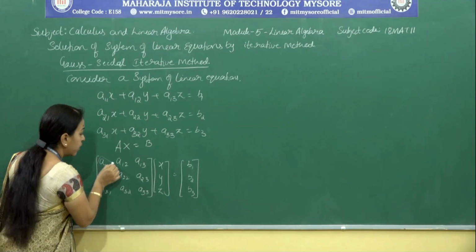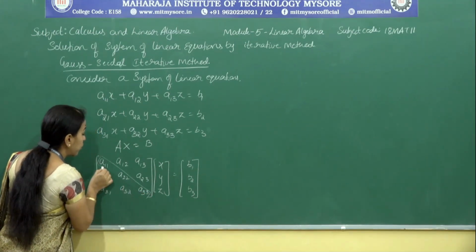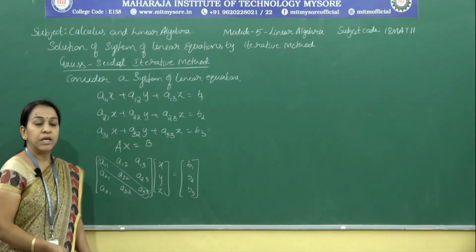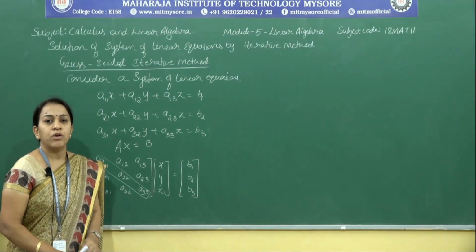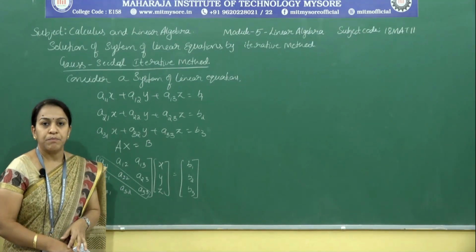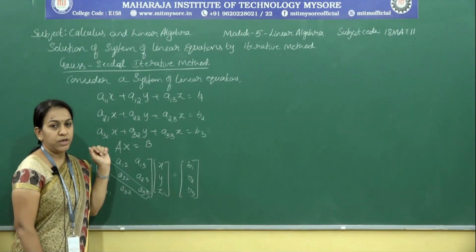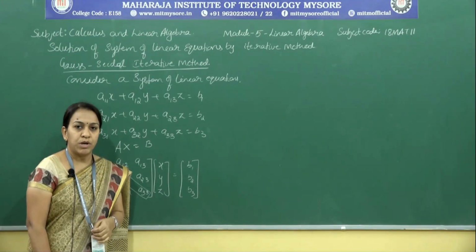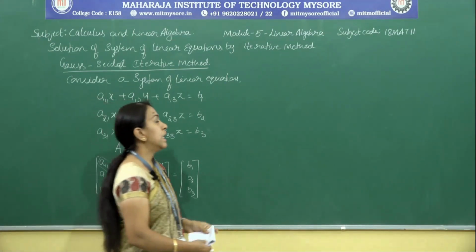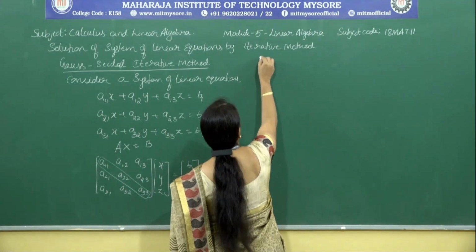When we have numerically larger coefficients along the principal diagonal, we use the Gauss-Seidel method. To solve this system, we have a standard formula.